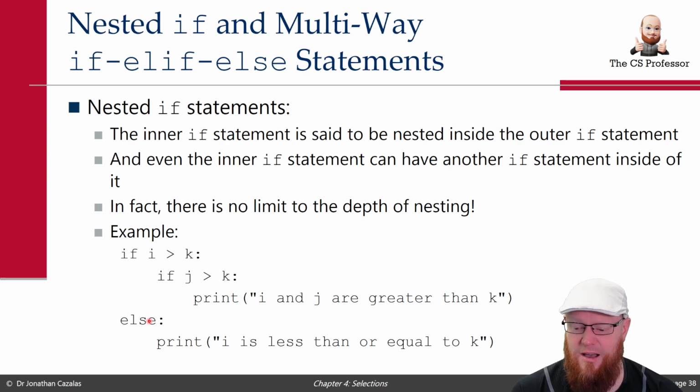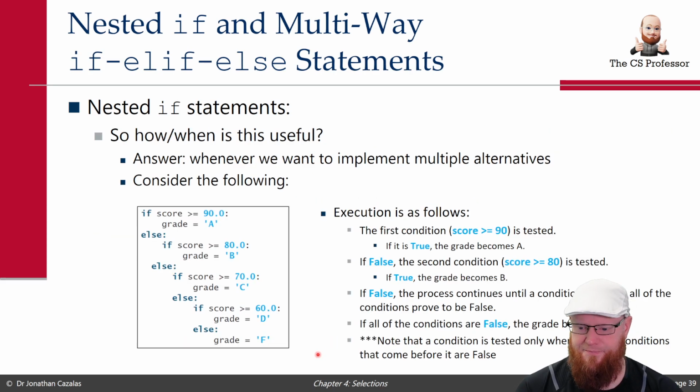And then this else, notice based off of its alignment or its indentation, it's matching up with this if above. It's not matching with this if, it's matching with this if right here. And therefore we print i is less than or equal to k, because i is not greater than k. So this else would be i is less than or equal to k.